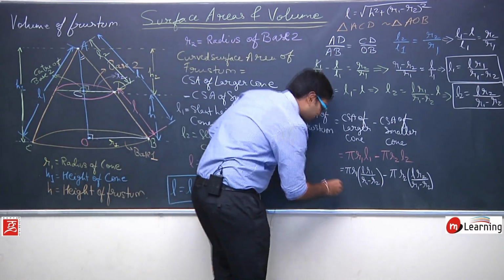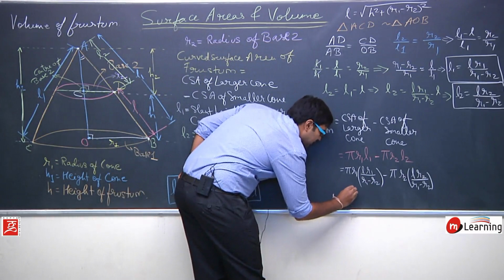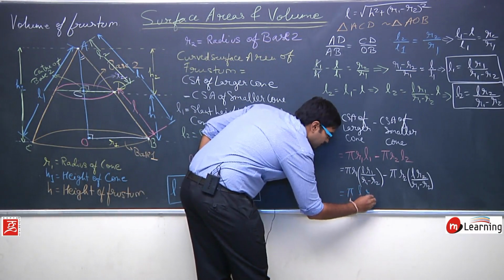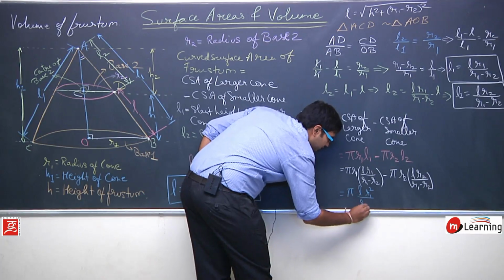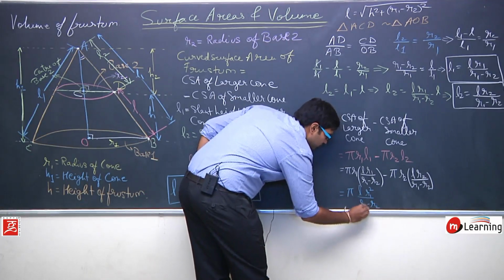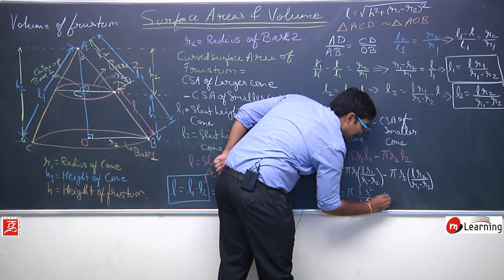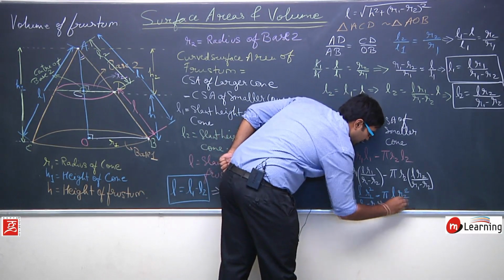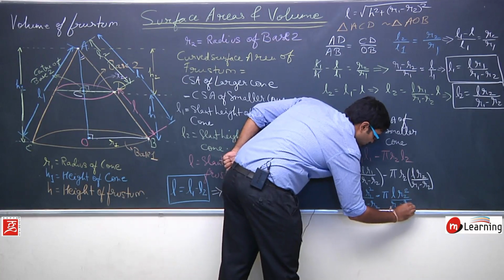So this becomes pi L R1 square upon (R1 minus R2) minus pi L R2 square upon (R1 minus R2).